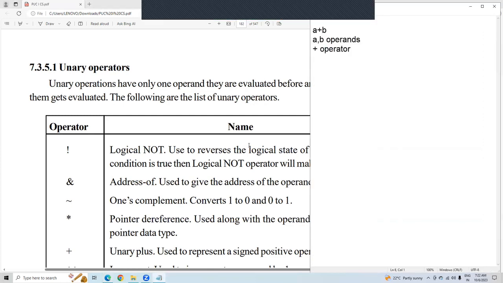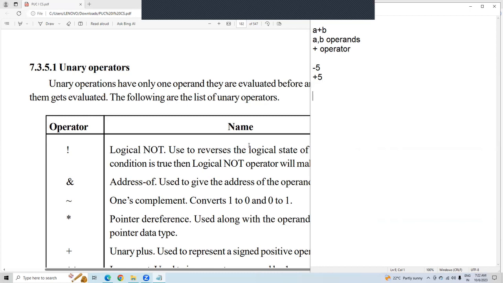That means, say you are writing -5. This is a unary operator because with the minus sign, if we write one number, it's enough, it will work, right, to represent the negative number. Even plus is also a unary operator because it works even on a single value.